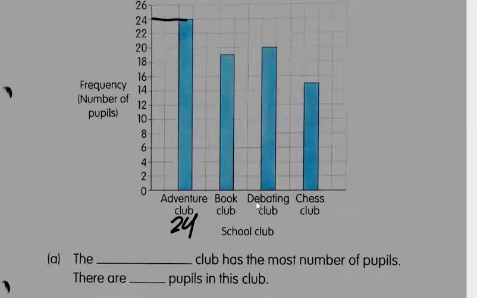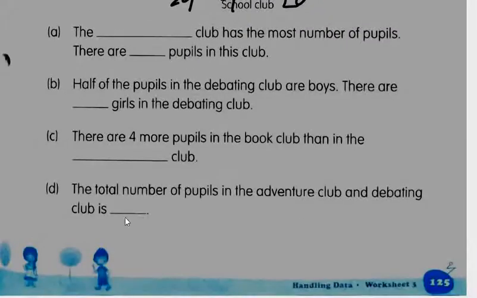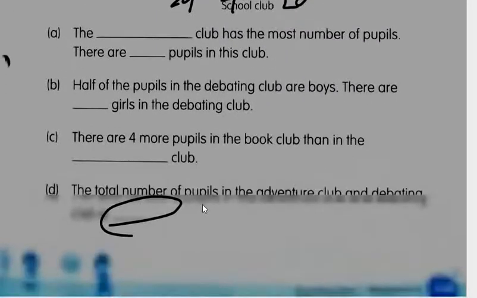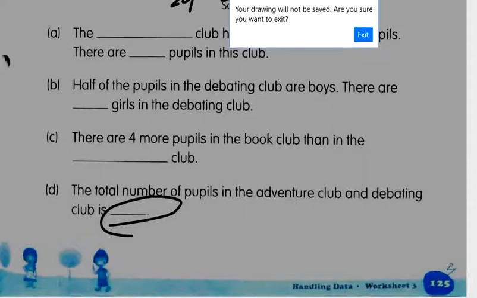And the debating club, it is 20. So let's make the total, and that will be the answer. Okay, 24 plus 20, and that will be the answer. Just count. Now let's proceed to the next page.